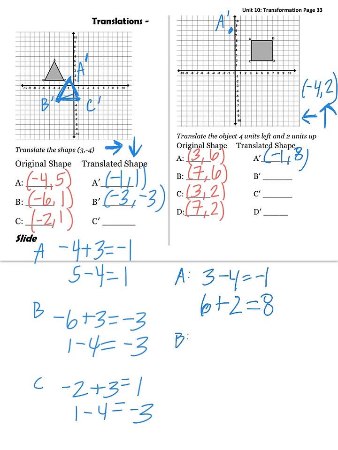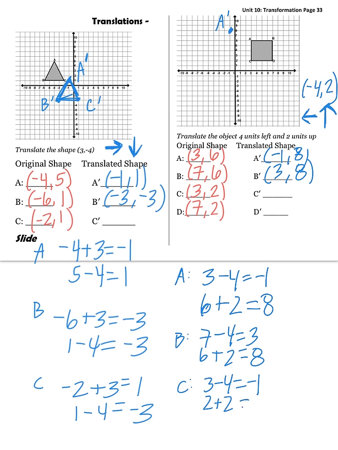Okay, so B is 7 minus 4, which is 3. 6 plus 2, which is 8. C is 3 minus 4, which is -1. And 2 plus 2, which is 4. So -1, 4.